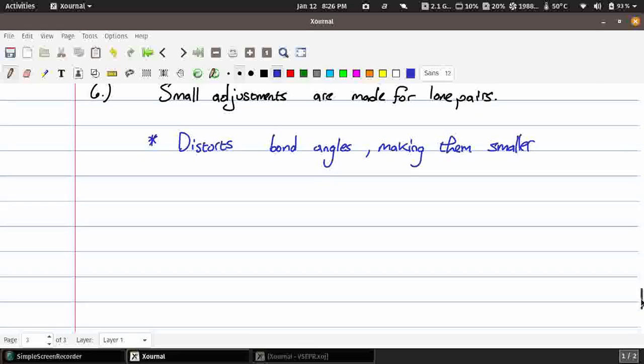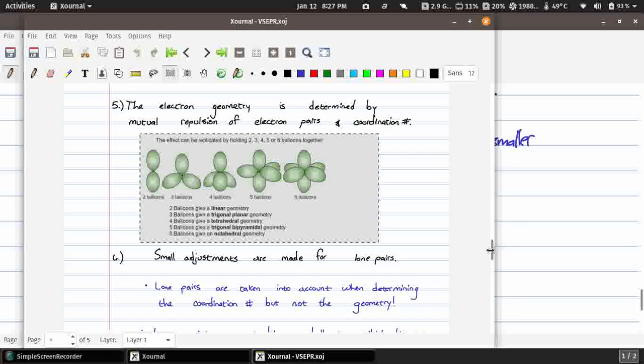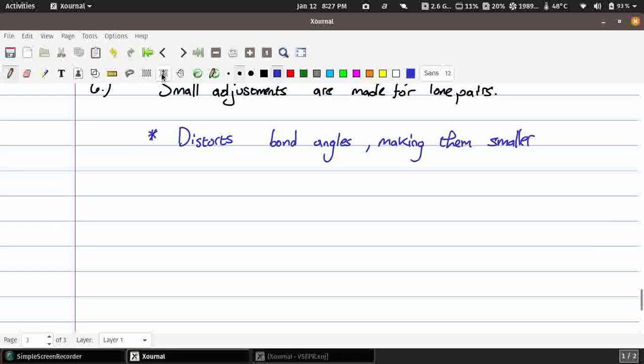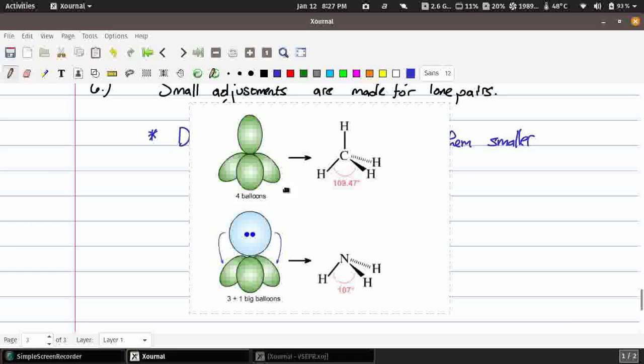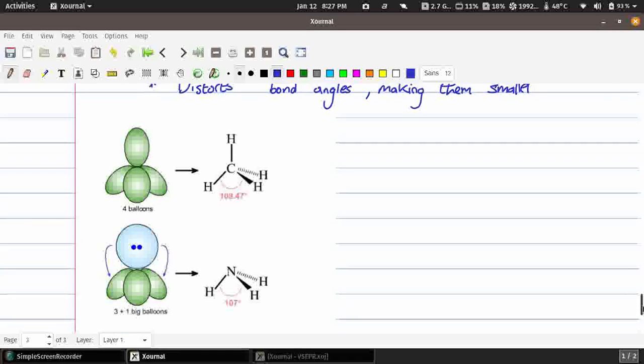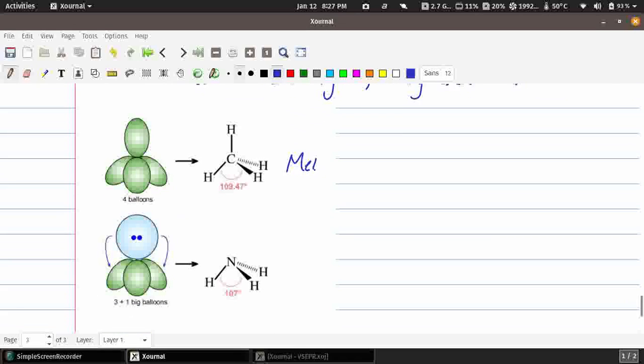Okay, so let's get the picture. Alright, so here would be methane and ammonia. See how this one lone pair exerts a little bit more push on here than this bond does.